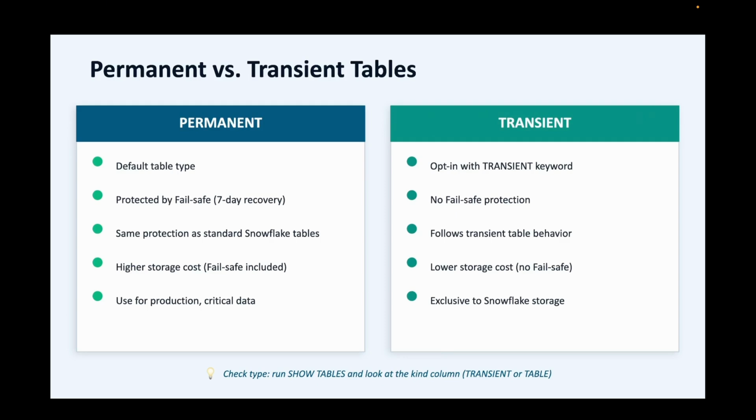I want to highlight one thing here: typically with managed Snowflake Iceberg tables, where your data resides in your cloud provider, you will not have a failsafe mechanism. The CSP provider that you are working with has to take care of archival.